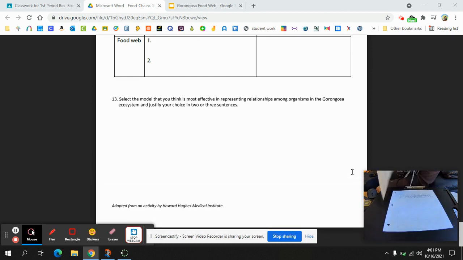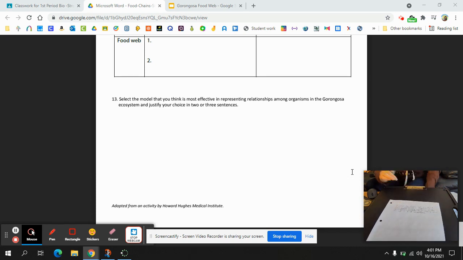Then question 13, you are going to select the model that you think is the most effective at representing the relationships among organisms in the Grongosa ecosystem and justify your choice in 2 to 3 sentences.